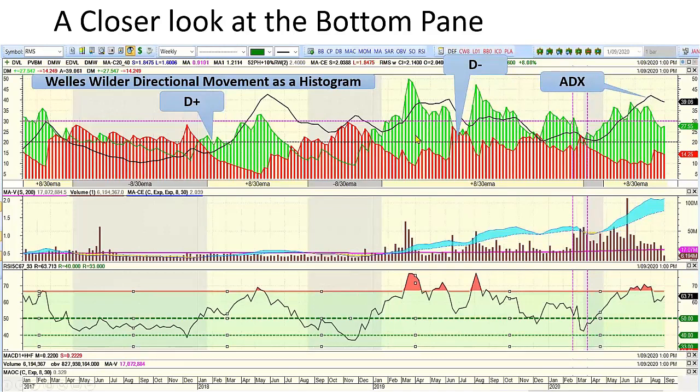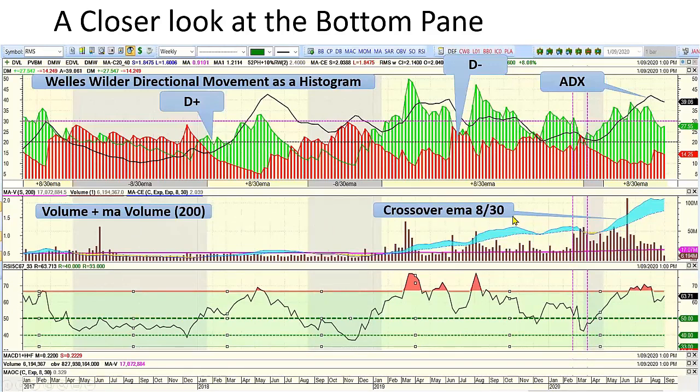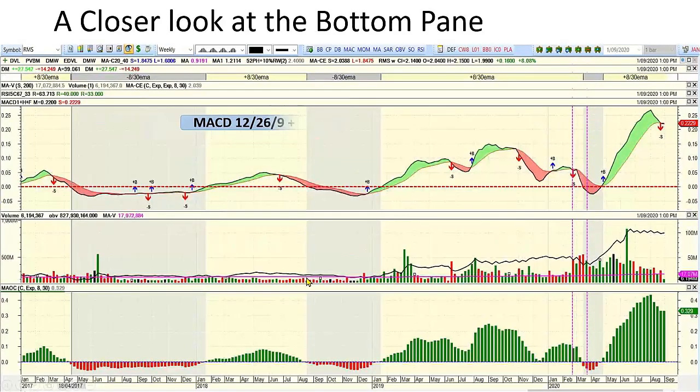So if I can see green, that's very positive to me. This is the pane I use for volume. It's got straight volume with a 200 period moving average, and I also stick in an EMA as a bit of confirmation. And on the bottom here, we've got the RSI 20 period with colour, and just going back to that one.